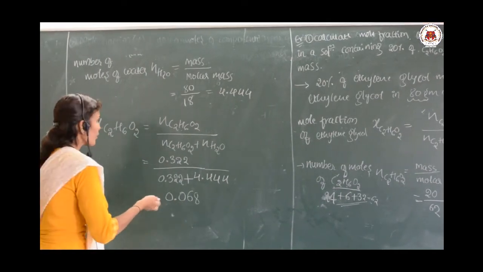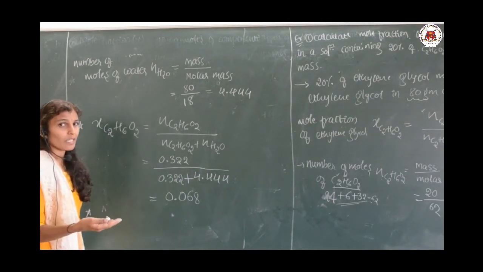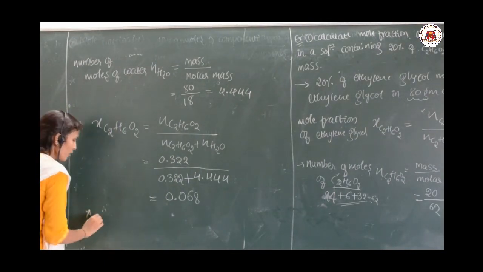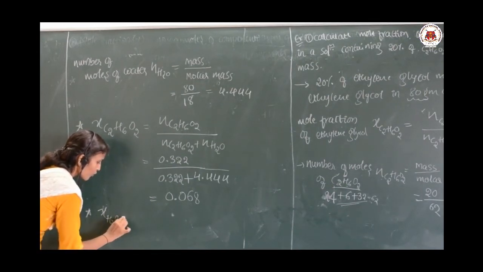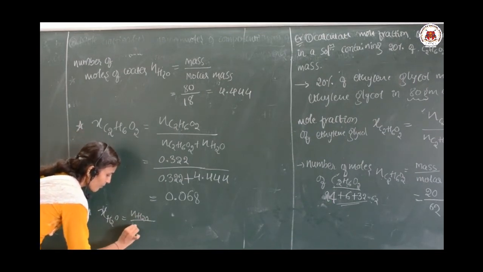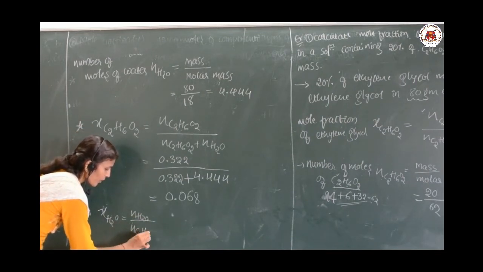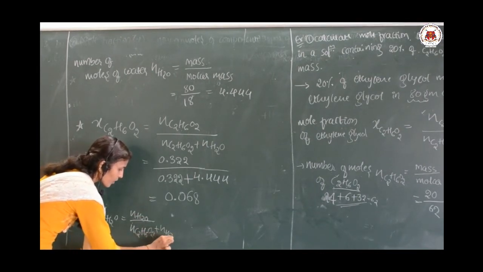How are you going to calculate the mole fraction of water? Even we can calculate the mole fraction of the water. Mole fraction of the water is equal to the number of moles of water divided by the total number. It means again you have to take the denominator term, these two.